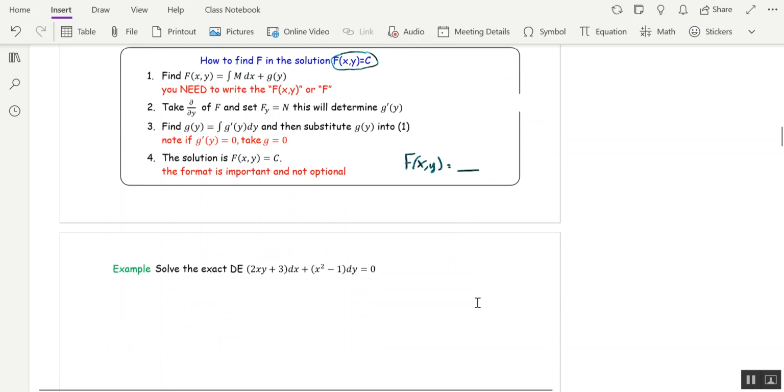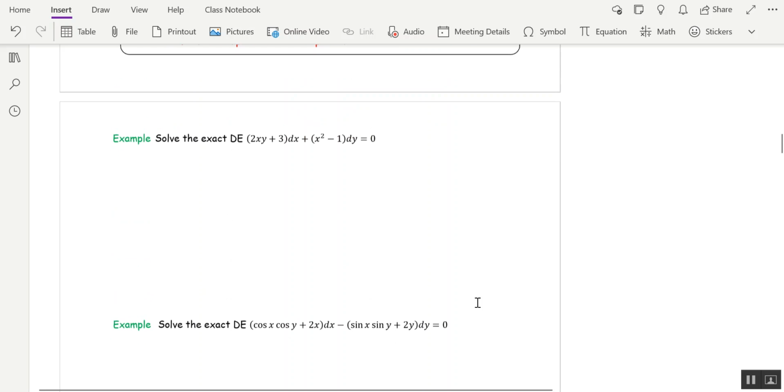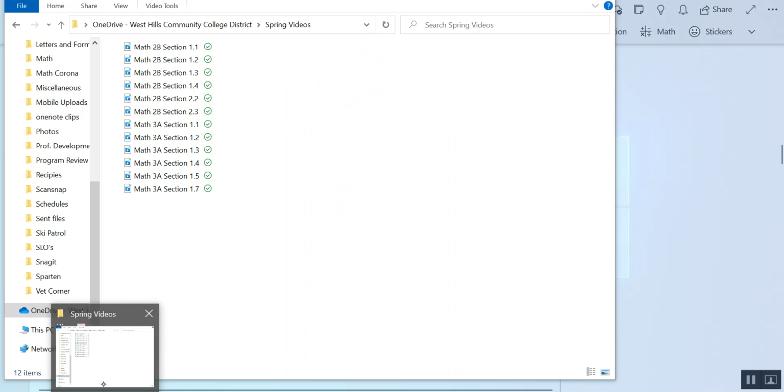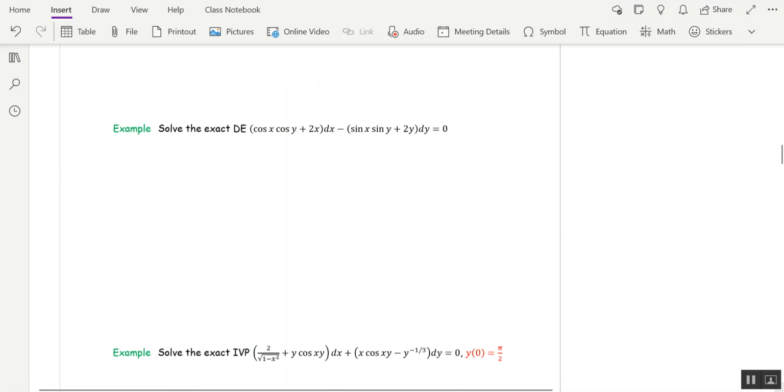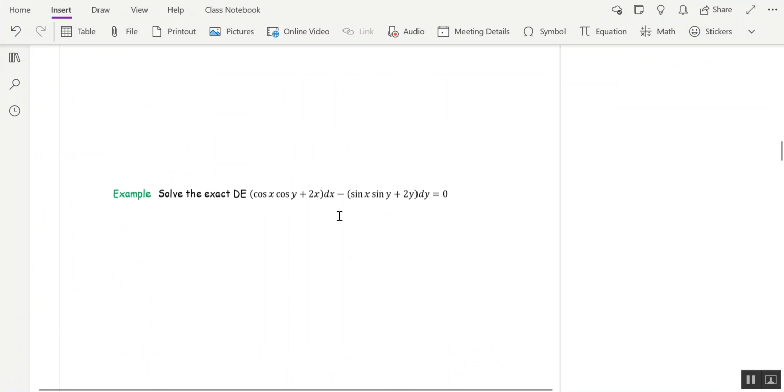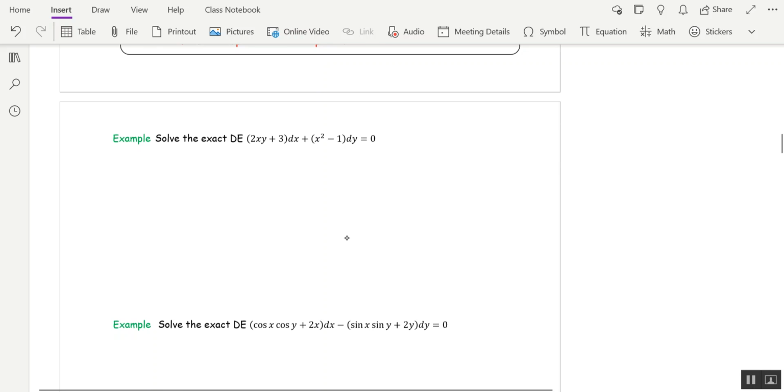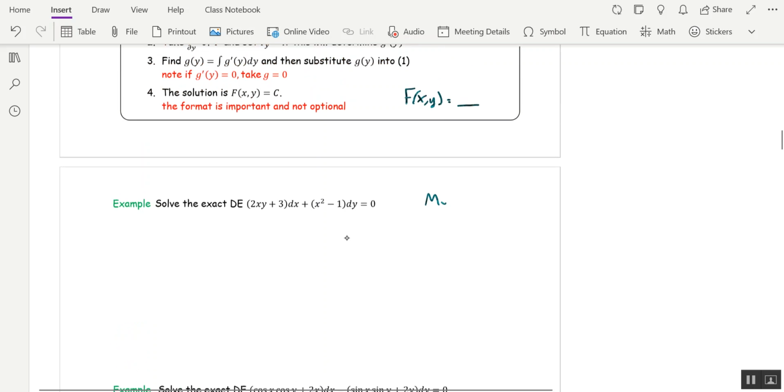So example 1. By the way, these 3 examples are exact, and I'm stating that right in the problem. Sorry about that. So we don't have to verify that M sub y is N sub x. In your homework, they want you to verify that before you solve. But you can see clearly that in this case, M sub y equals N sub x, which is 2x.